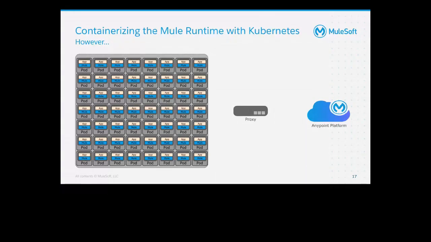And one of the disadvantages of doing it this way is that all these pods will want to connect and update the Anypoint platform. And what we found was that their proxy capacity in terms of the number of connections and the throughput of data wasn't up for the task.